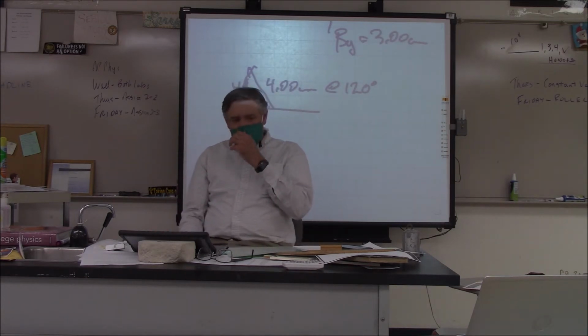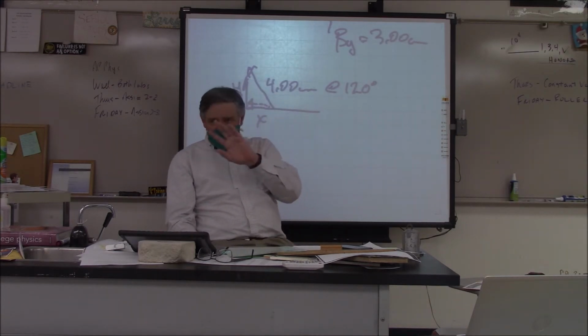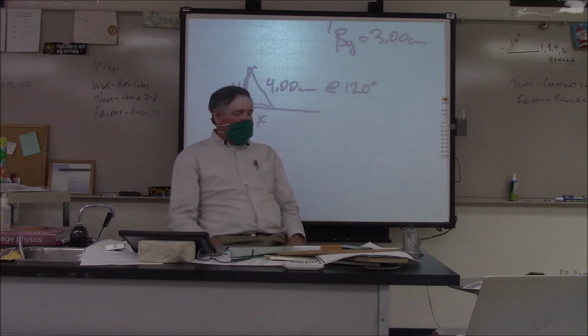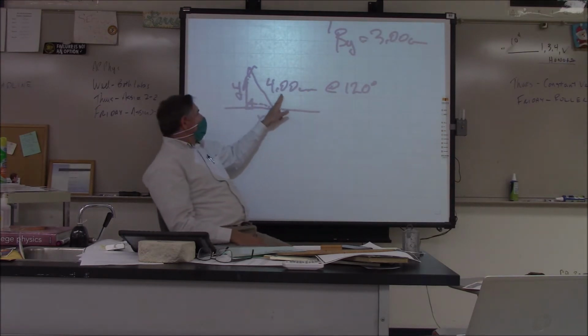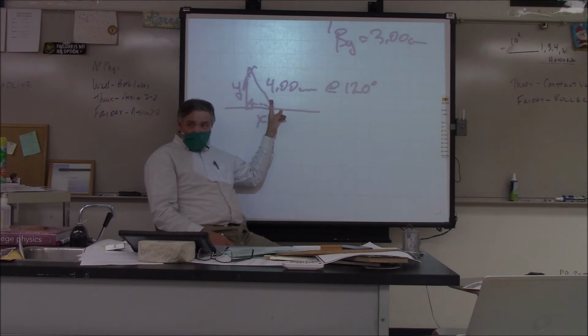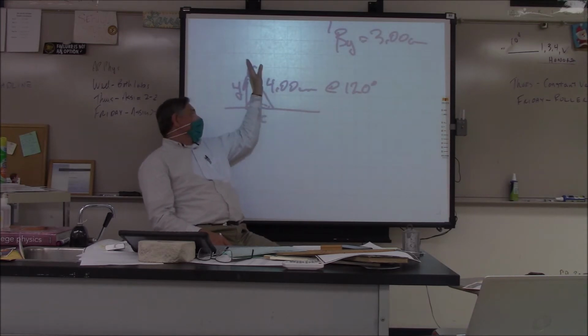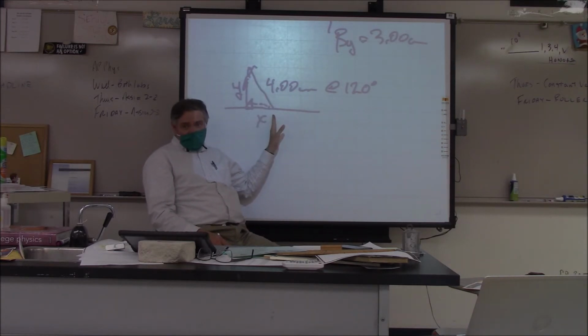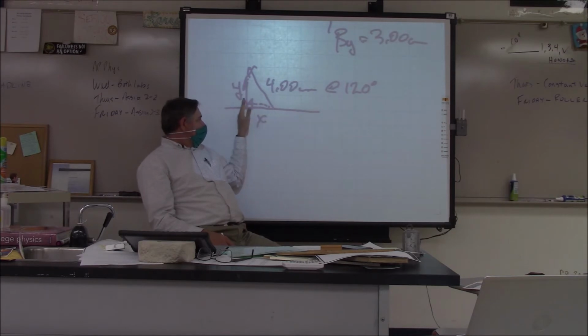It would be a little bit time consuming, but you could measure over 120 degrees, draw this line 4 centimeters long, and measure the length of this x and the length of this y.